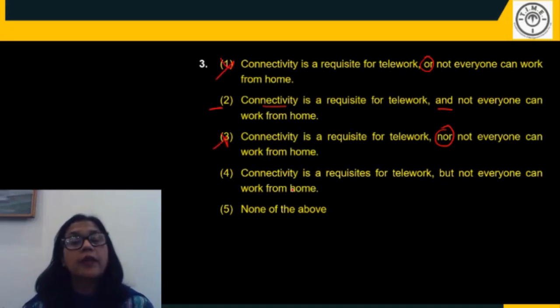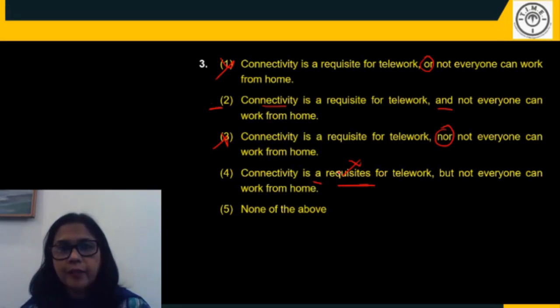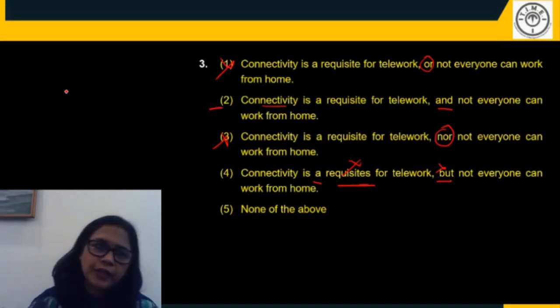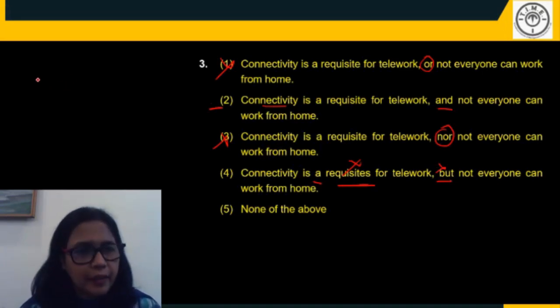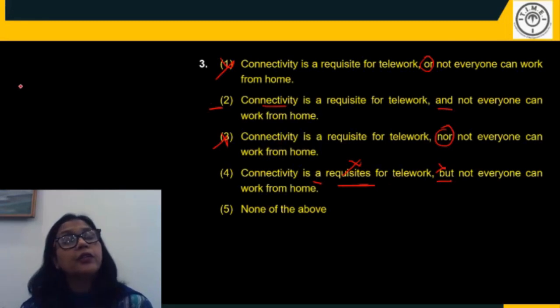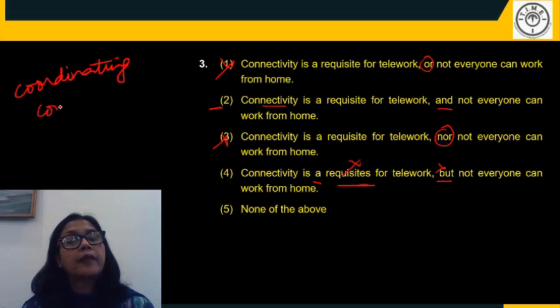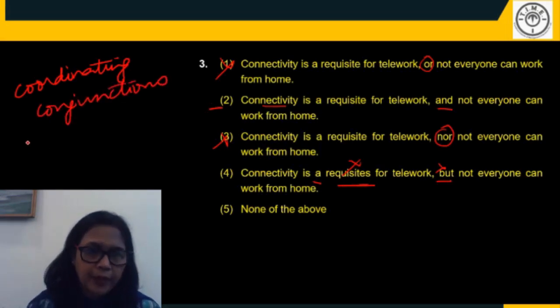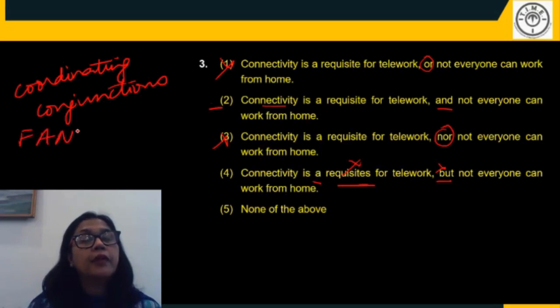Out. The fourth, connectivity is a requisites. Yes, wrong here itself. But not everyone can work from home, wrong here again. Now see, if you recall, there are certain conjunctions known as coordinating conjunctions, and they are, if you remember, FANBOYS: for, and, nor, but, or, yet, so.